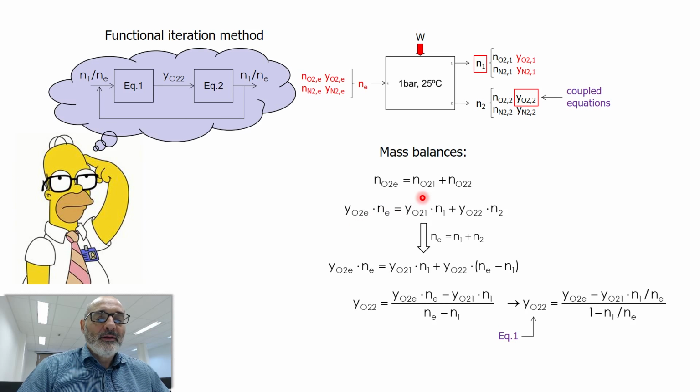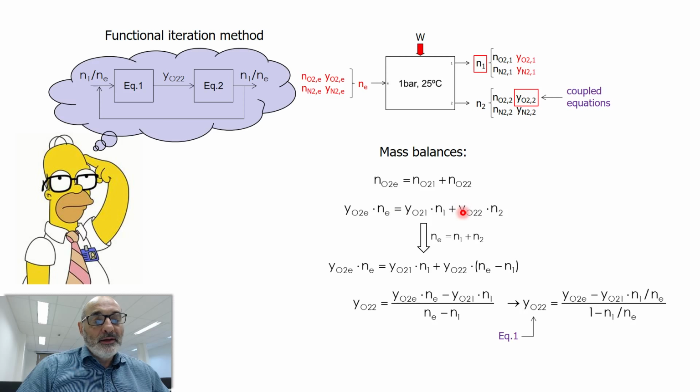Same thing for the flow rate at 1: concentration of O2 at 1 times the molar flow rate at 1, and concentration of O2 at exit number 2 times the total molar flow rate at 2.